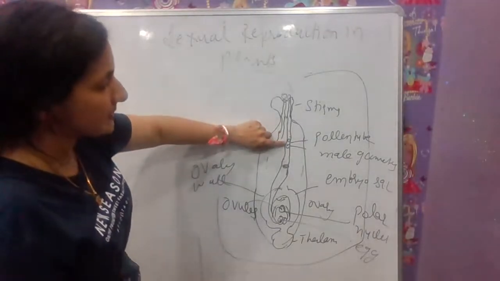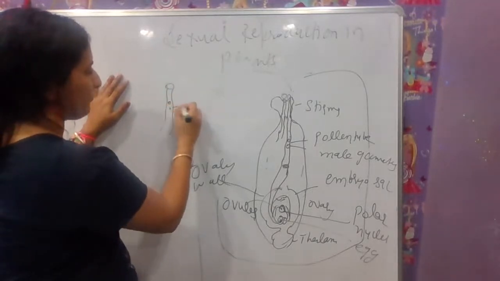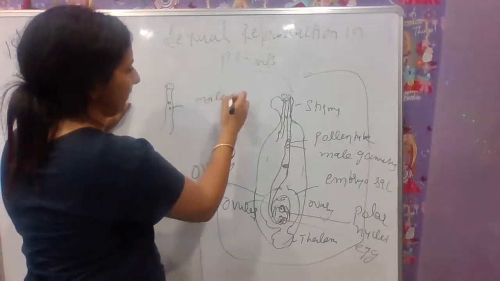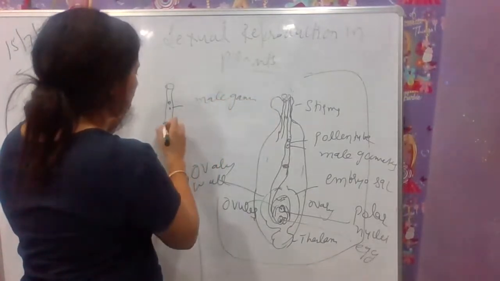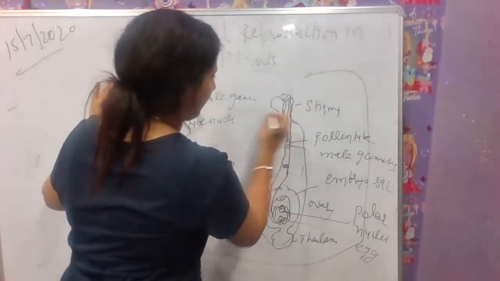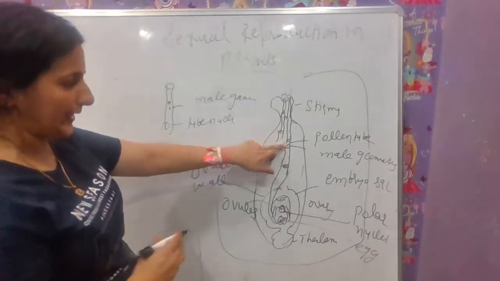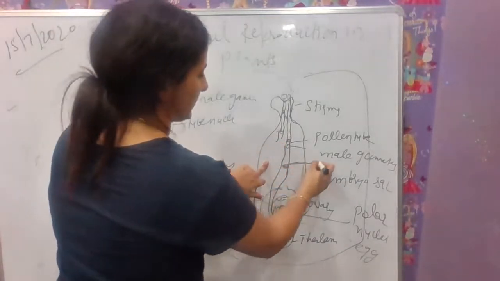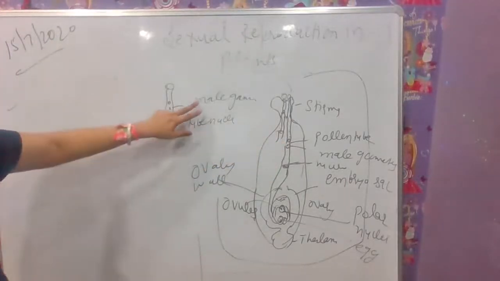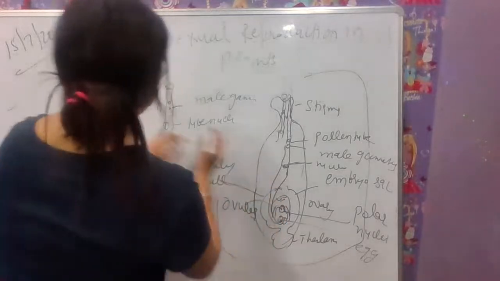Okay, beta, the pollen tube consists of 2 male gametes and one tube nucleus inside it. This pollen tube consists of male gametes and this nucleus. There are 2 male gametes.